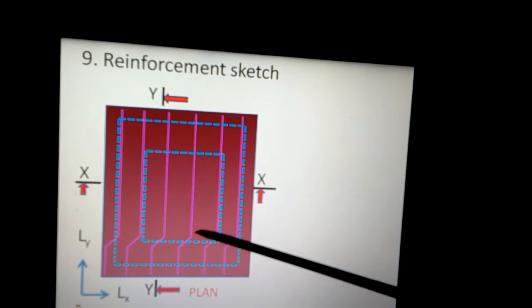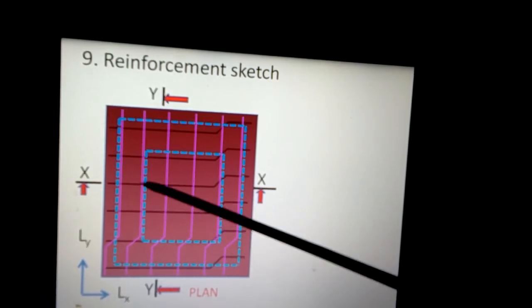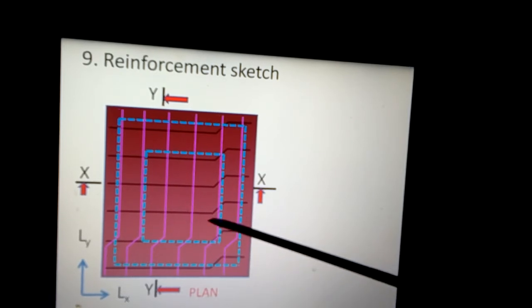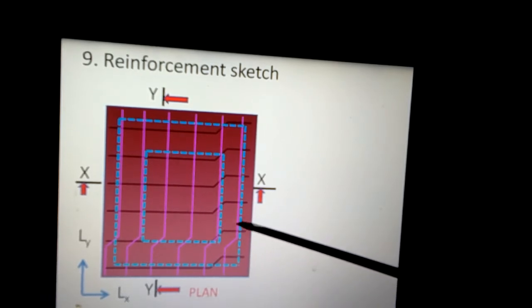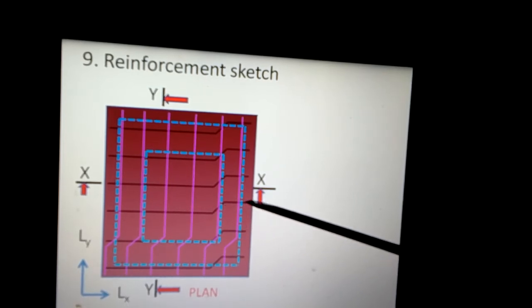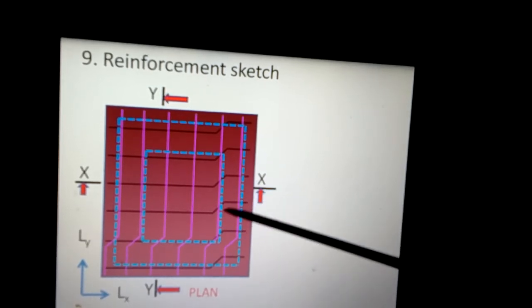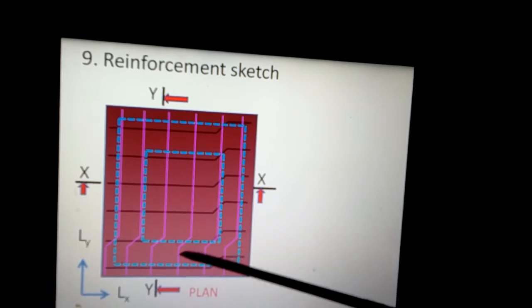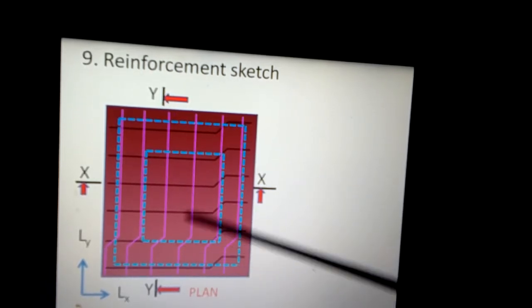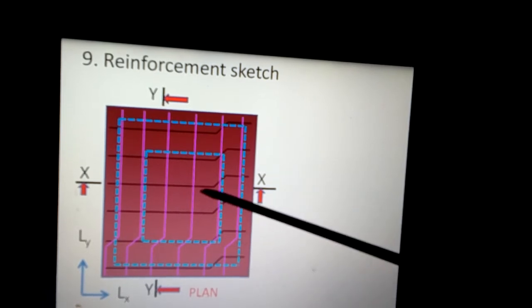The next line of reinforcement will come in this direction along Lx. It comes this way up to a distance of Lx by 7, and then starts going up, and the arrangement is again at double spacing from the start of the slab from front to back, and all bars would take their position like this.